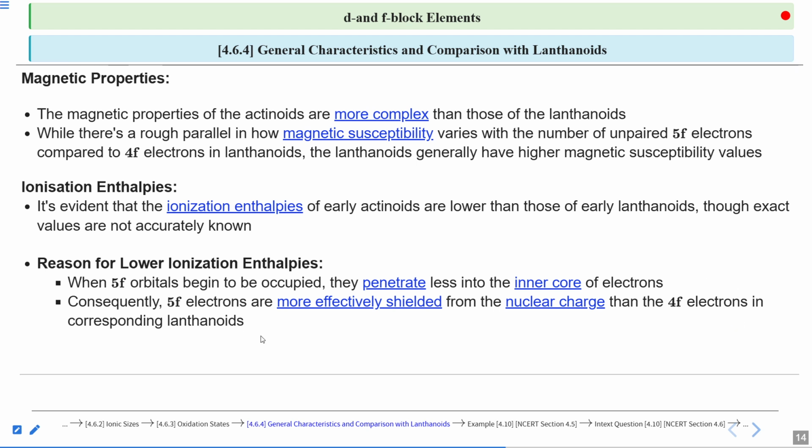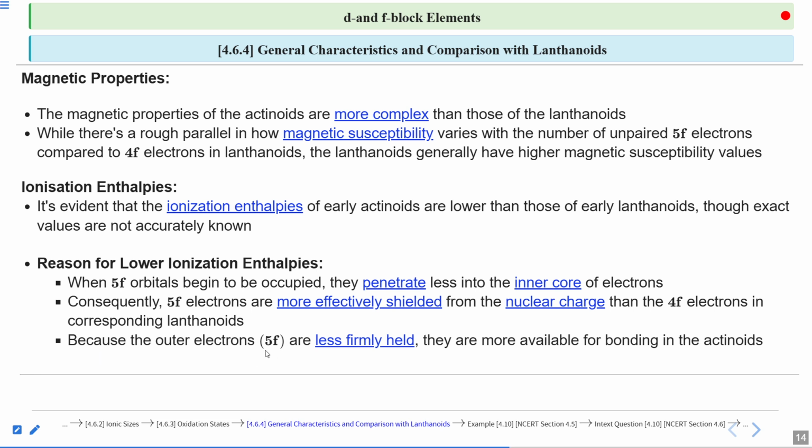In the lanthanoids, we talked about the poor shielding shown by the 4f orbital. Here, the 5f electrons are more effectively shielded from the nuclear charge. That means they can easily participate in bonding to form bonds with various elements.